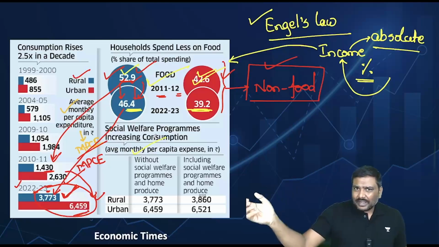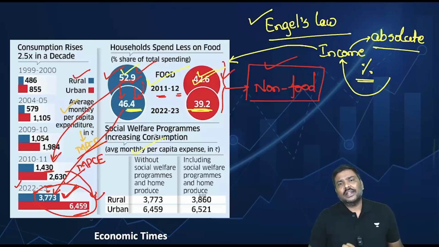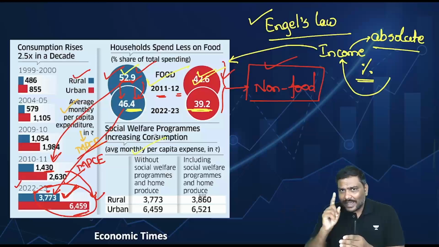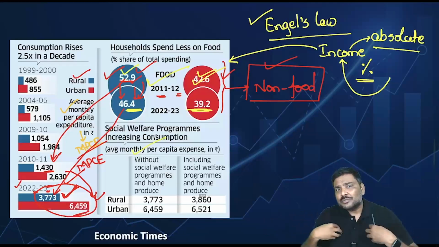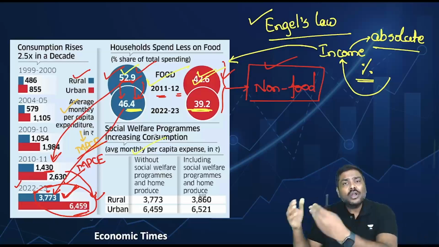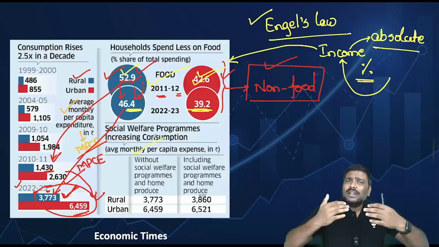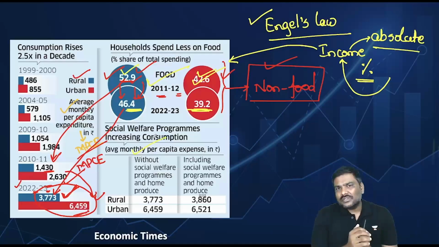For example, I'm getting free education, free food grains, and let's say a free healthcare facility. If these facilities were not provided, I would have spent more money out of my pocket for getting them. But now because the government is giving these facilities to me, I will not be spending money on them.